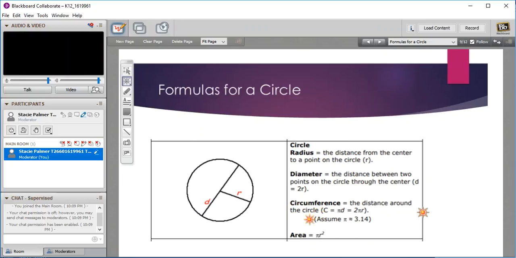And for these, we're going to assume that pi is equal to 3.14. And then the last formula is the formula for finding area, and that is pi times whatever the radius is squared.